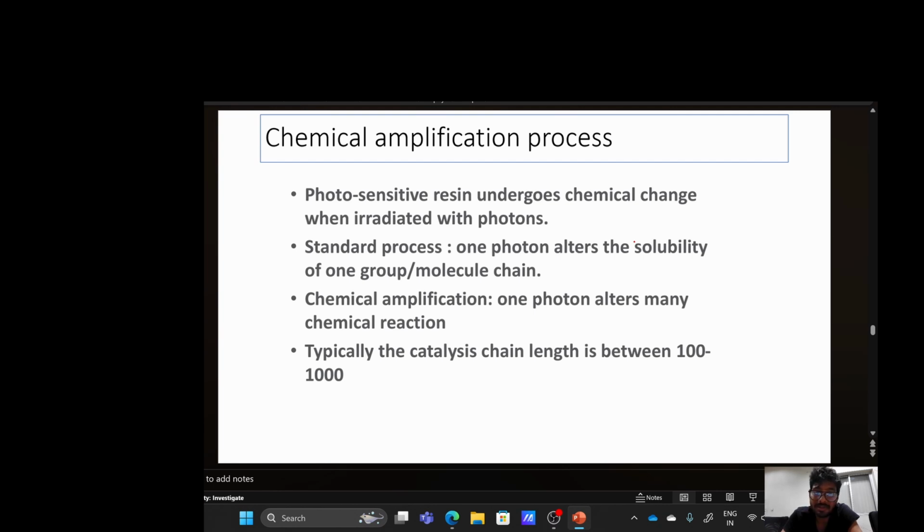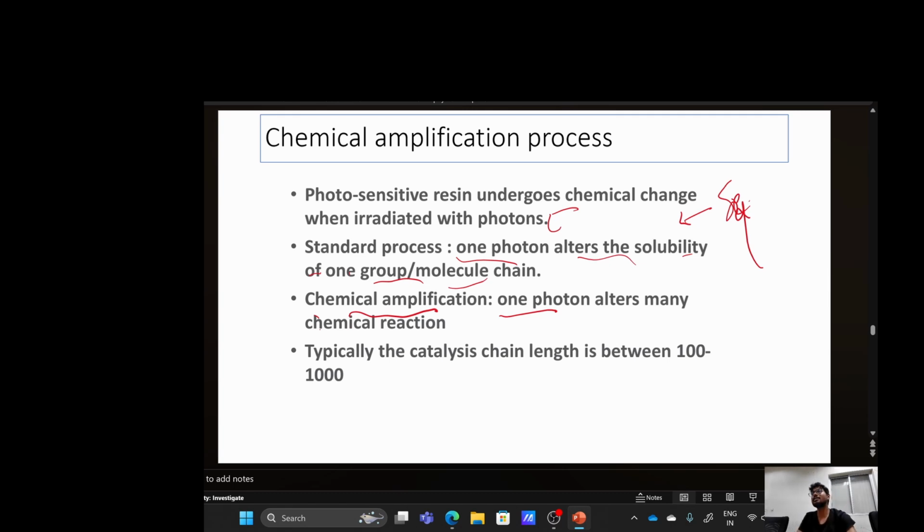As we have seen in the previous slides, there was a novolac resist with a sensitizer. In the sensitizer, when a photon is falling on the chain, it makes some chemical changes. The standard one photon alters the solubility of one group of the molecular chain, but during chemical amplification, one photon alters many chemical reactions.